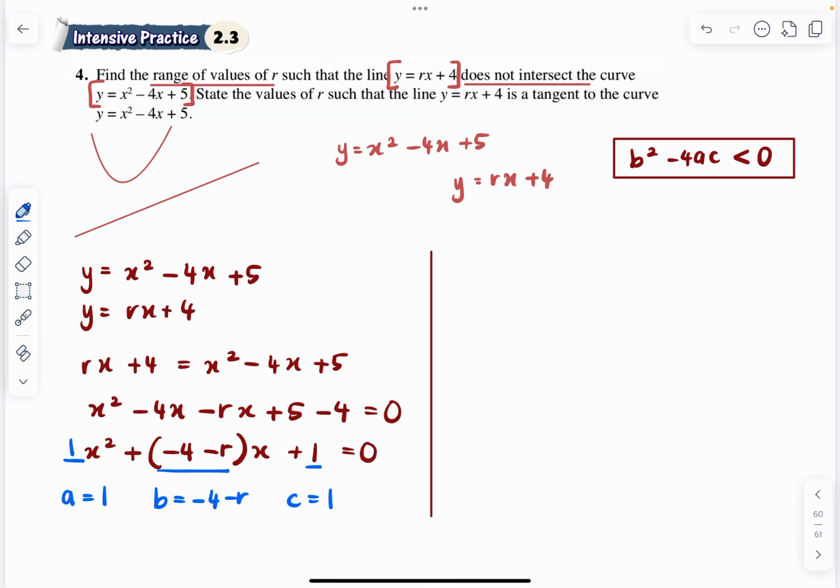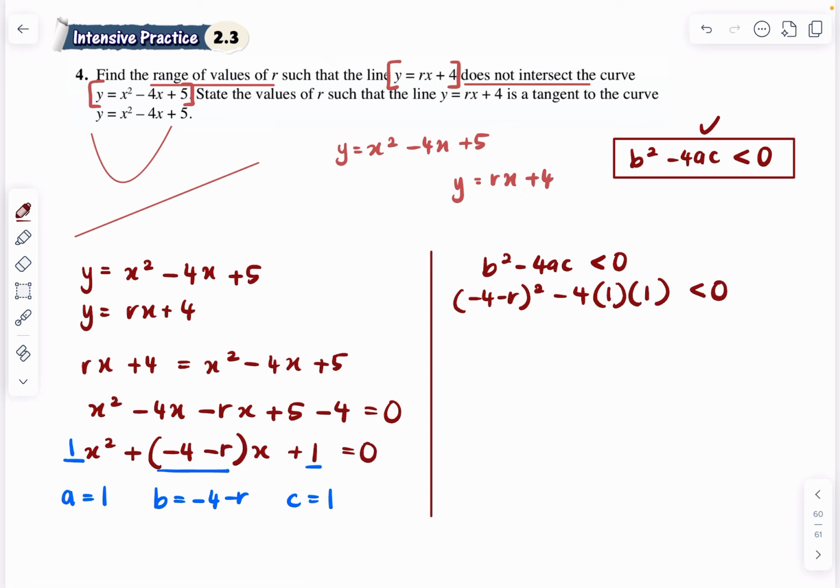Done. Now we just have to put it into the equation. So b squared minus 4ac less than 0. b squared minus 4ac. Expanding this, negative 4 squared is 16. And then 2 times negative 4 is negative 8.